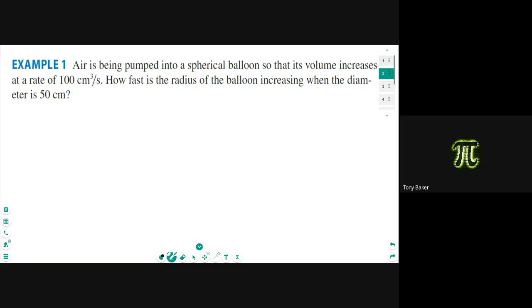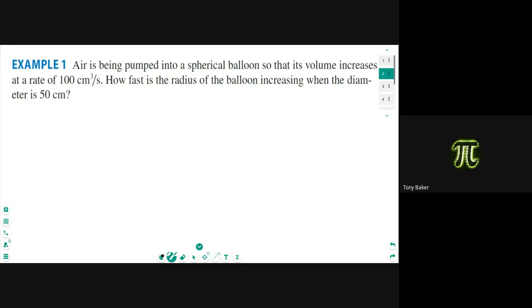As air is being pumped into a balloon, its volume increases, which makes sense. We know how much the volume is increasing because we know how much air is being pumped into the balloon. What we want to know is, how fast is the radius of the balloon changing? So how fast is the balloon getting bigger? To do that, we need some calculations.